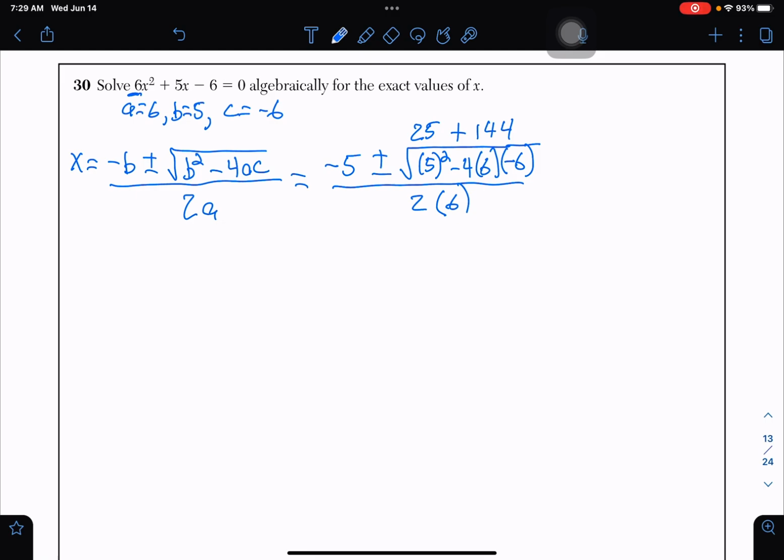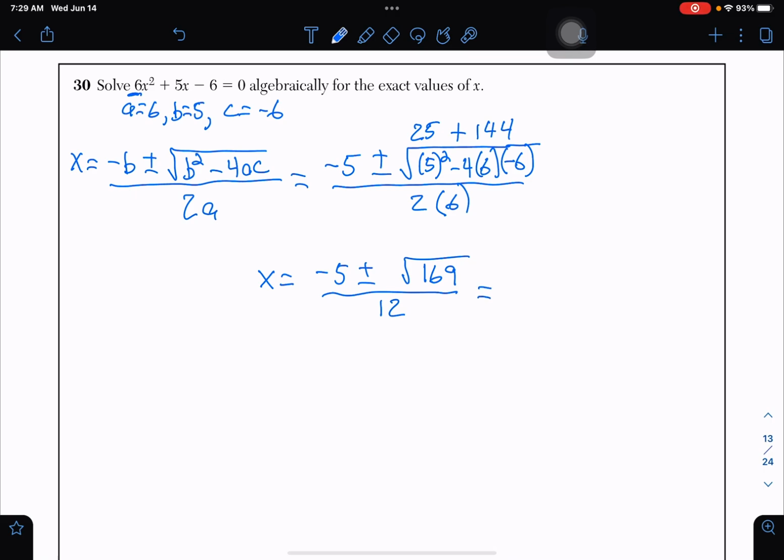All right, so if we do this, we end up with x is equal to negative 5 plus or minus the square root of, let's see, 25 plus 144 is 169, all over 12. Now it's nice because 169 is a perfect square.